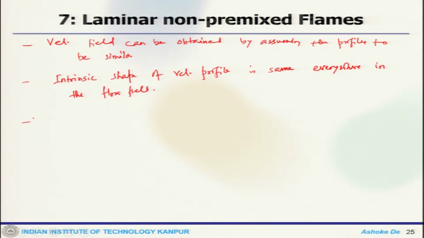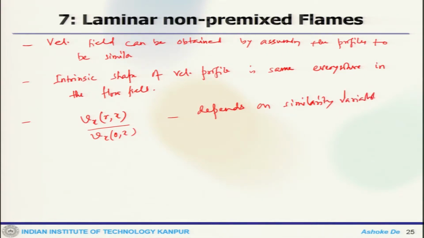Thirdly, the radial distribution of Vx, which when normalized with the local center line velocity is a universal function that only depends on the similarity variable, that is r by x.